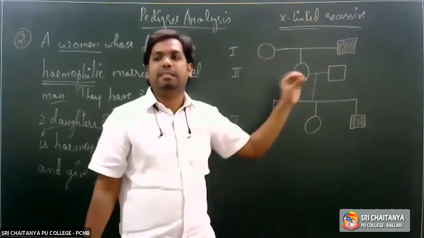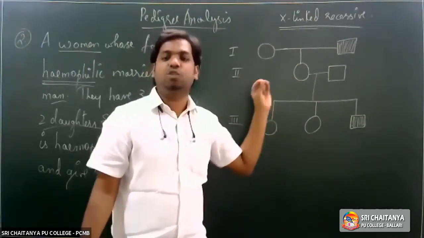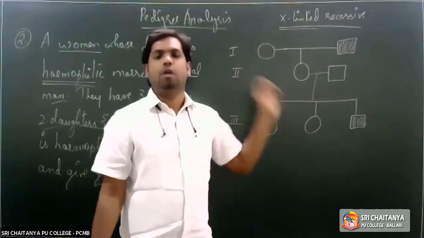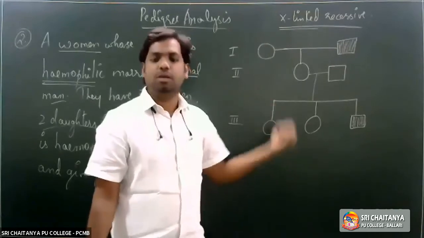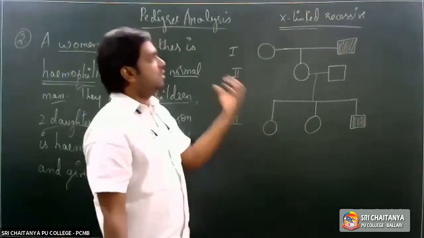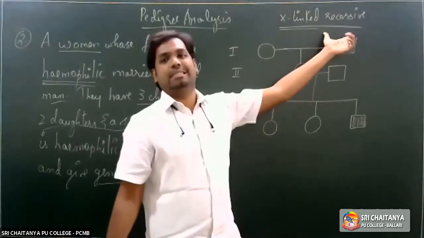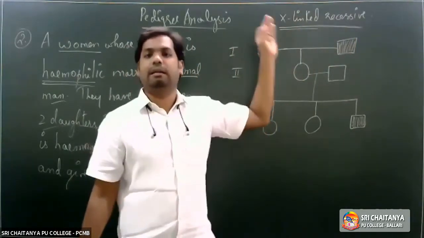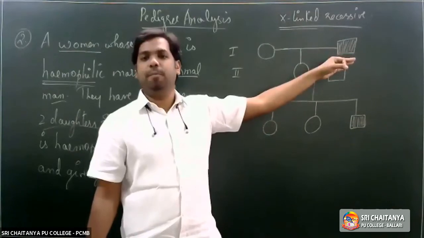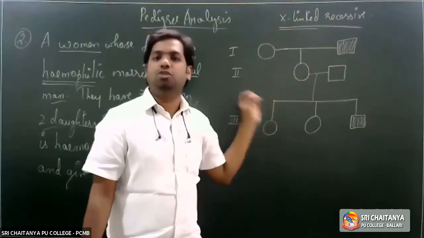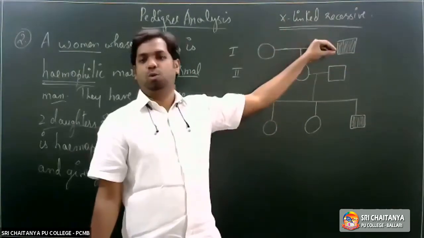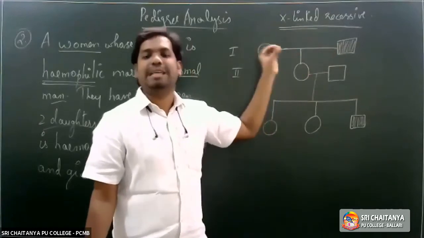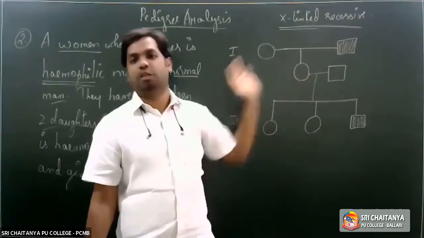Only in the recessive condition would the disease be expressed. Such a type of disorder we call a recessive disorder. Here we are talking about an X-linked recessive disorder. So what does that mean? The mutation is seen on genes located on the X chromosome, and that mutation is again a recessive mutation, right?